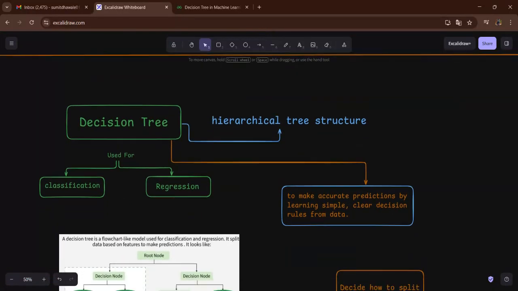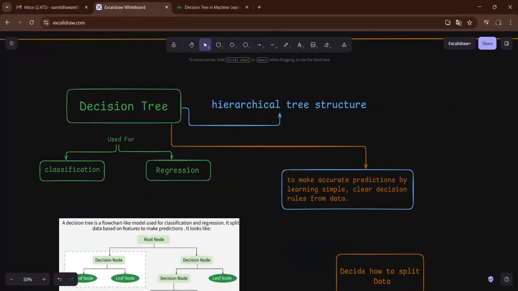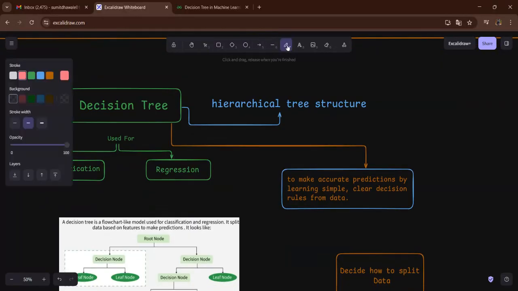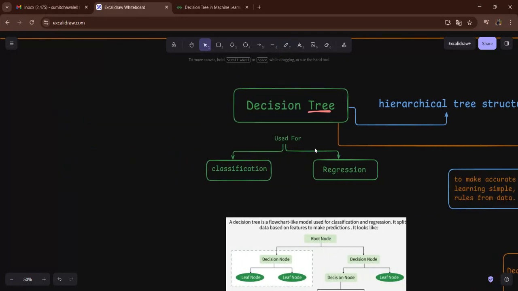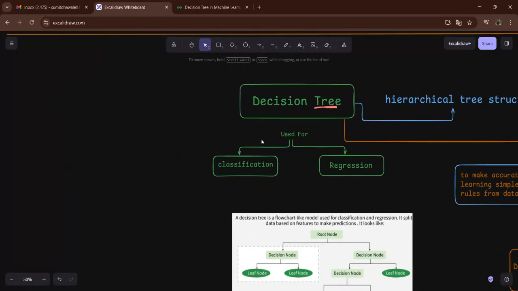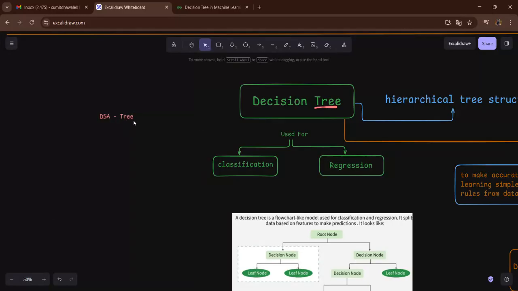In today's lecture we are going to start the decision tree, which is also a supervised machine learning algorithm. As the name suggests, it's a tree. You might have an idea from data structures, DSA, where the tree is a non-linear data structure.